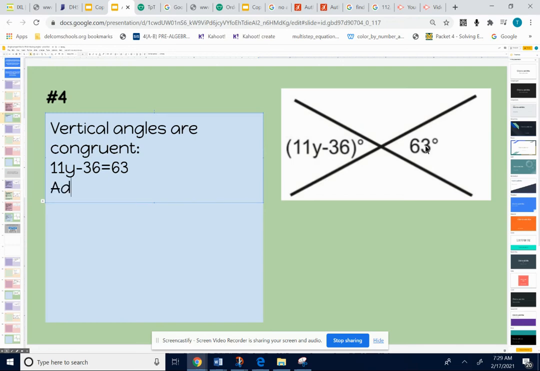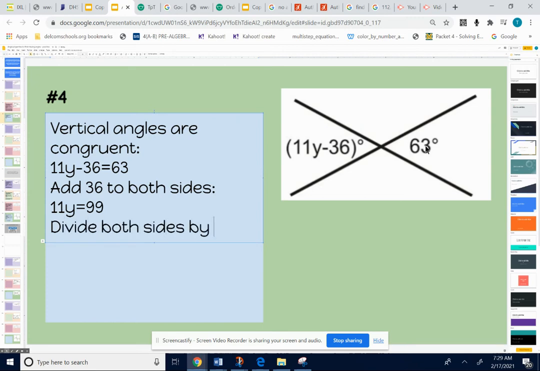When I solve this, I'm going to add 36 to both sides. That would leave me with 11y equaling 99. And then dividing both sides by 11, I'm going to get y equals 9. The last step, once I get my equation solved, is to find the missing angles. Of course, you don't have to find the 63-degree angle because that's already there.